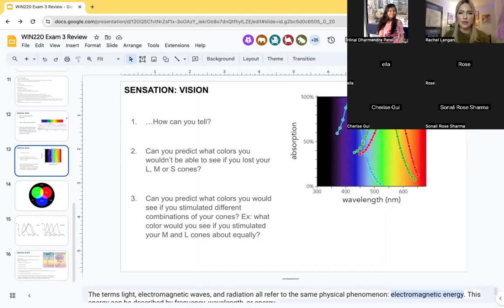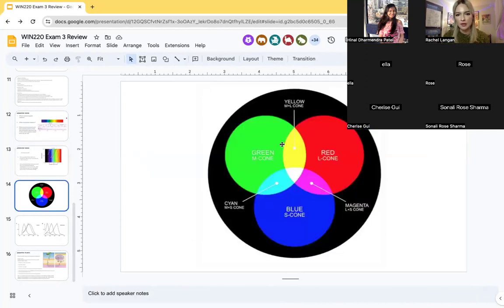And if you stimulated your L and S cones about equally, you would see magenta. So those are the ones to know. That's what's shown here. M and L, you see yellow. L and S, you see magenta. S and M, you see cyan. All three together, you see white. Okay, that makes sense.